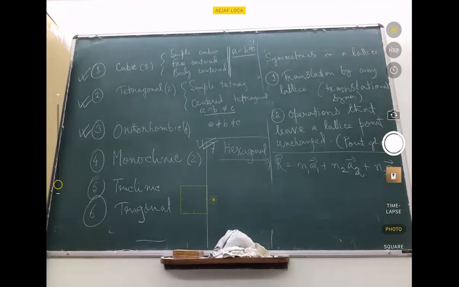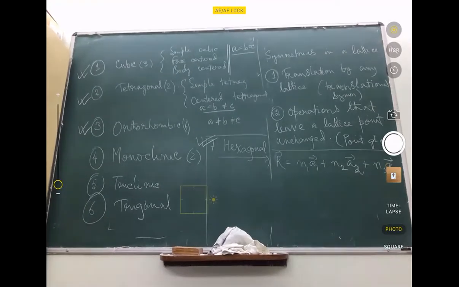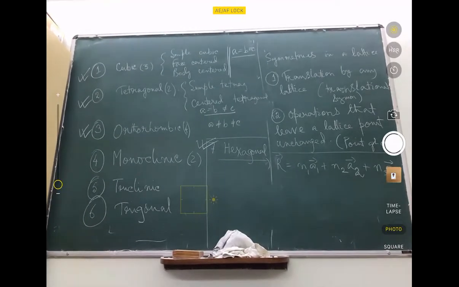So with that classification, what I'll now do is show you some pictures and show you how the primitive lattice vectors are written and how some of the commonly encountered solids crystallize into these structures. Okay, so I'll stop this.